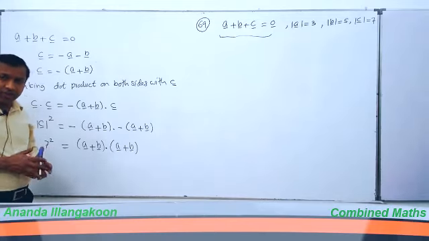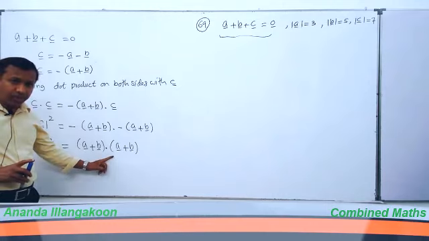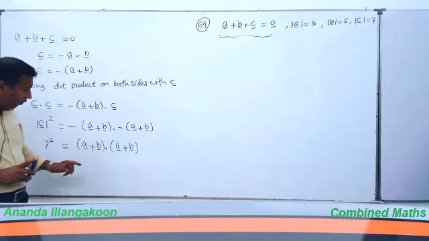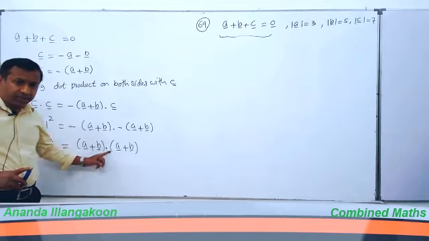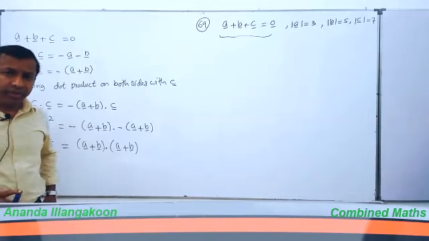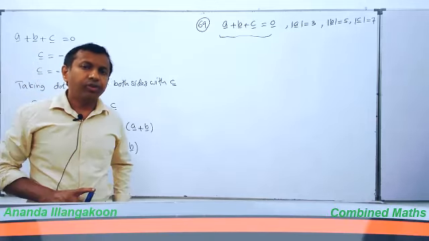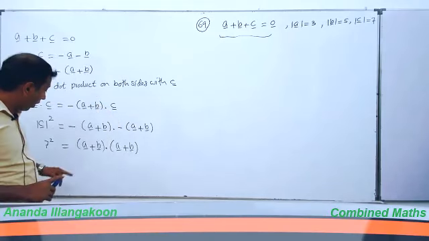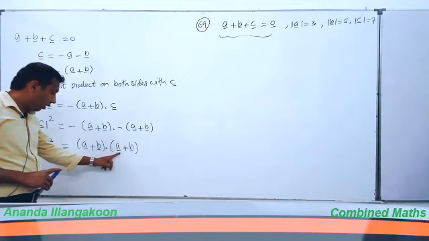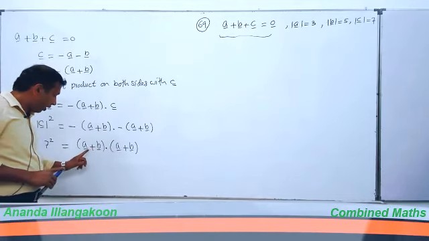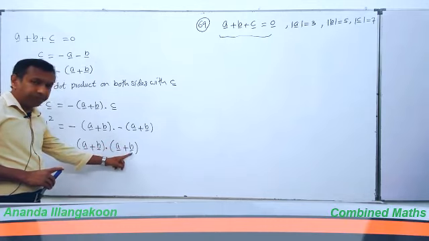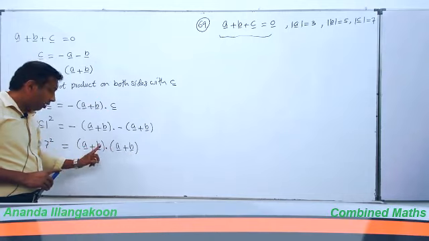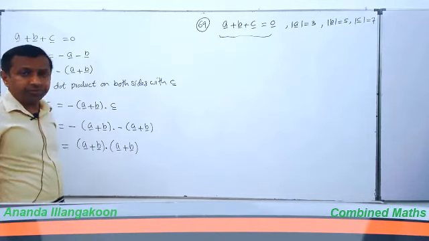Now people, for this right hand side, you can apply the distributive law. What is the distributive law? When we have two brackets like this, how do you eliminate the brackets? In the same way, you can use this with the dot product too. So A dot A, A dot B, B dot A and B dot B. Understand?